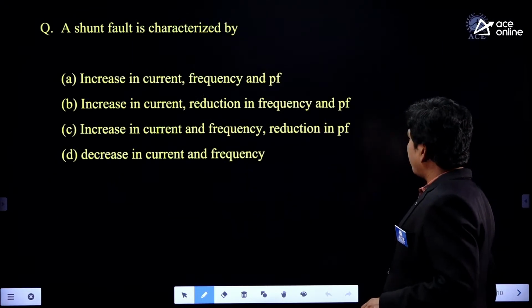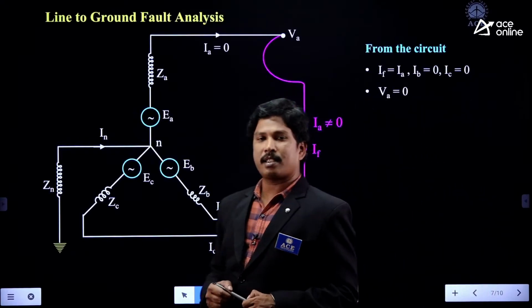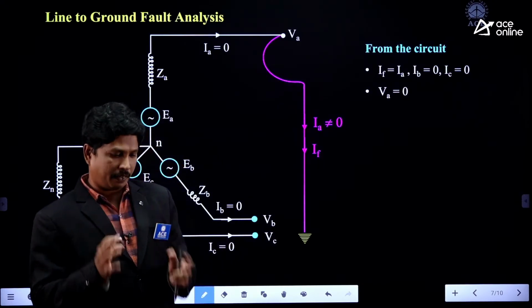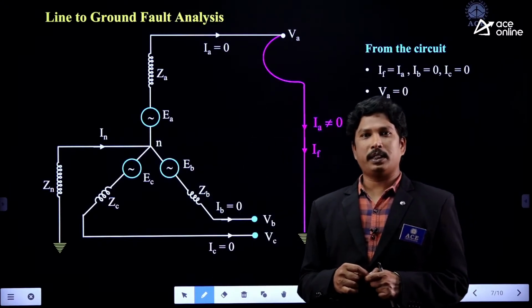First of all, we are going to discuss the line to ground fault analysis in the system. What is a line to ground fault? And for that, what derivations and formulas we have, all those things we have to see here.